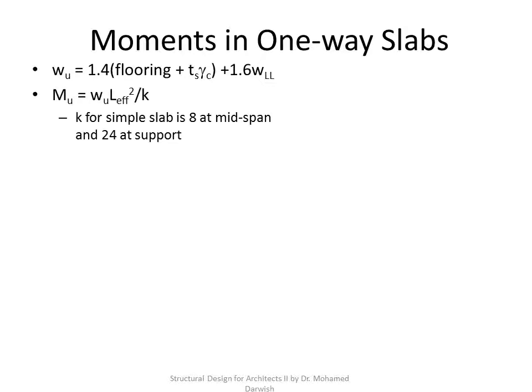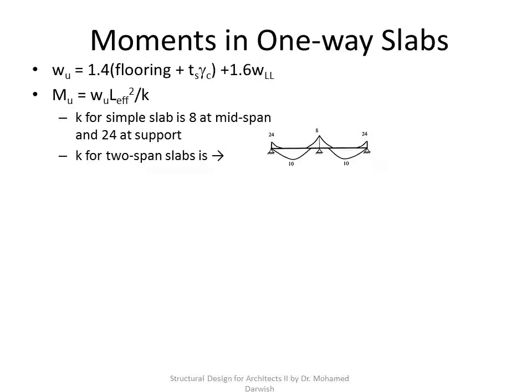So what we do here is that we take a 1 meter wide strip and deal with it as our beam. Because of that, we take this pressure, W ultimate, and multiply it by the effective L squared over K.